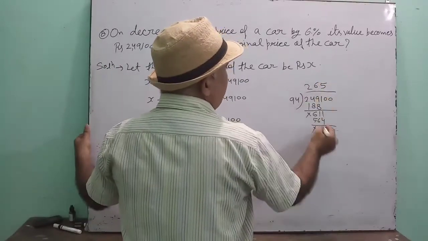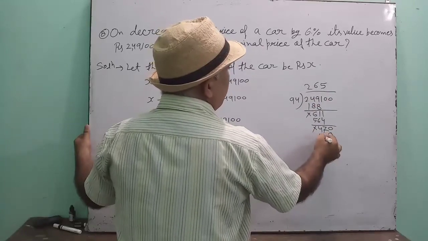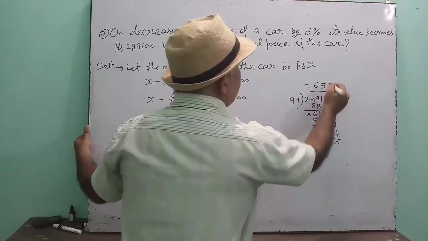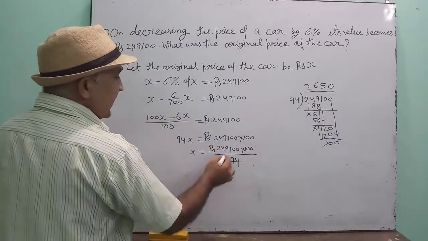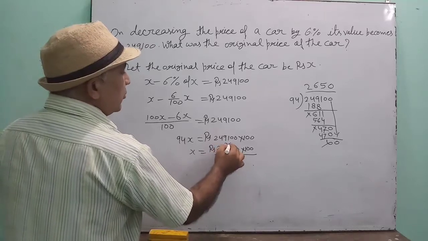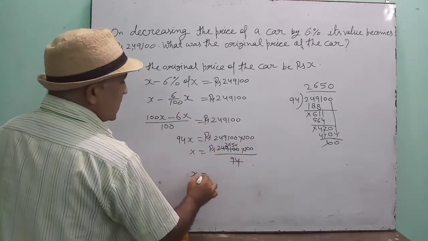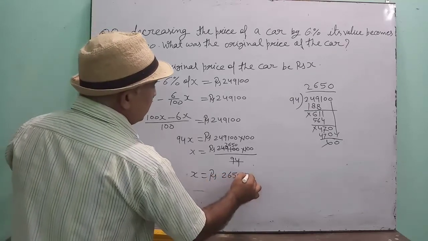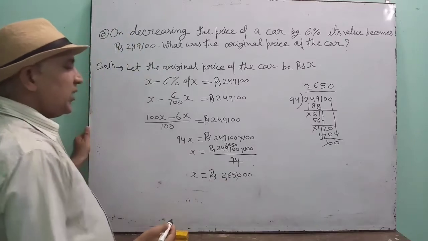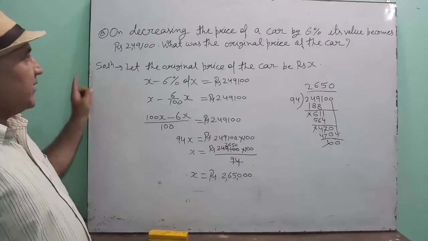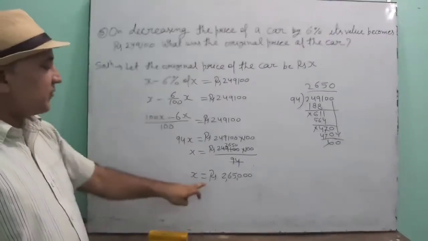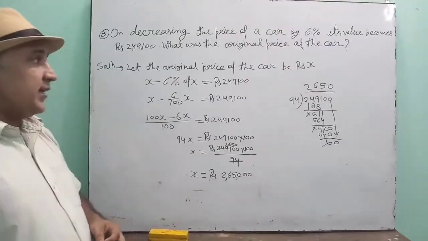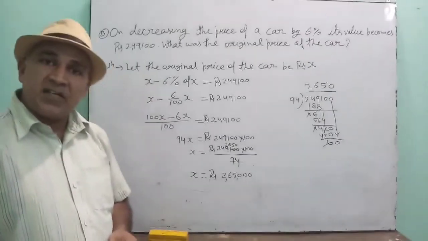Now take 5 times. 5 into 4 is 20, 45 to 470. 1 0 is remaining here. So you will take it 0 times. That means 94 dividing this gives 2650. So x is equal to 265000. That means 2,65,000. The original price of the car was 2,65,000 rupees.